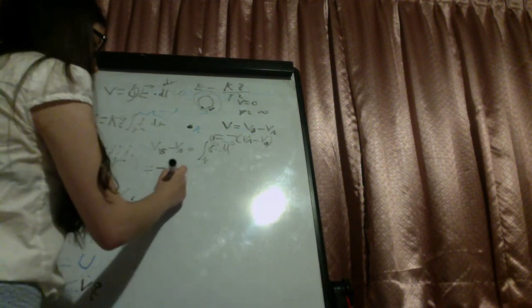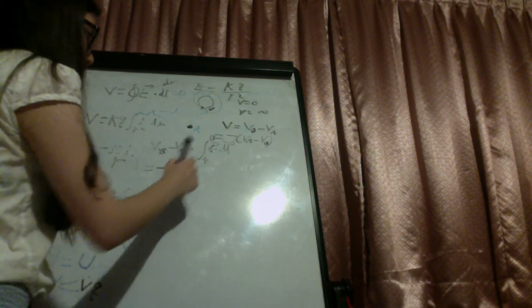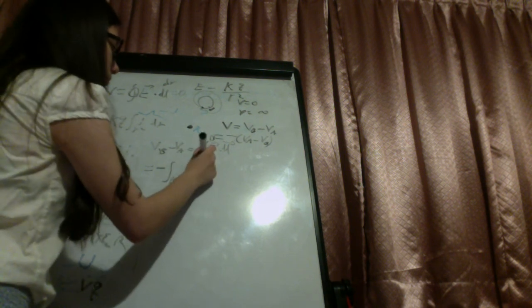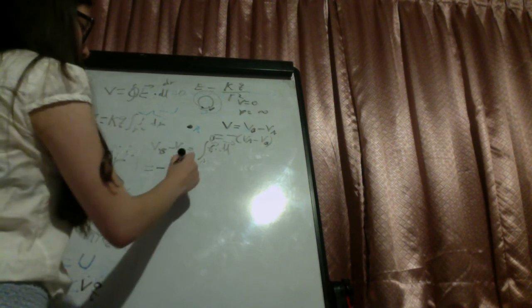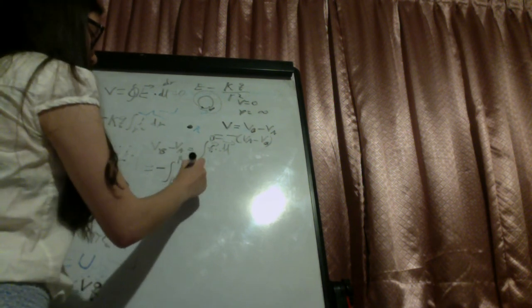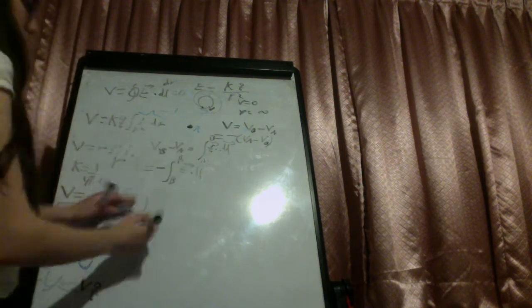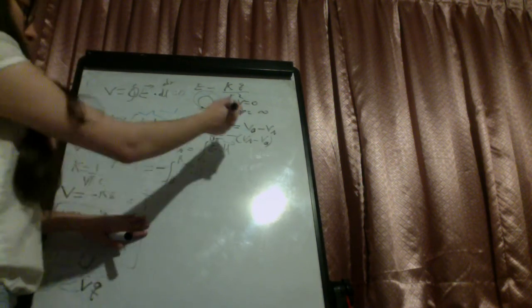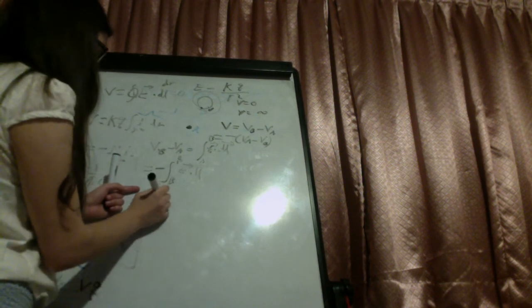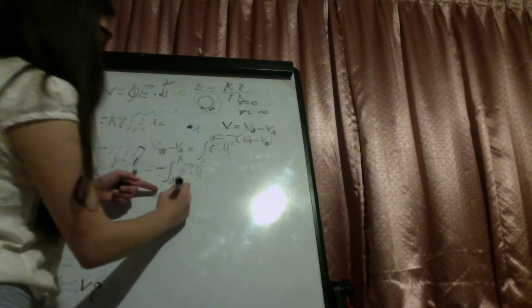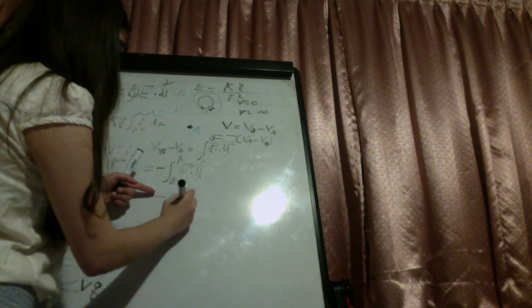So it would be minus the integral from B to A of the electric field dot dl, and this is exactly the same as evaluating, I have the negative here, V_A minus V_B, and so it is the same.